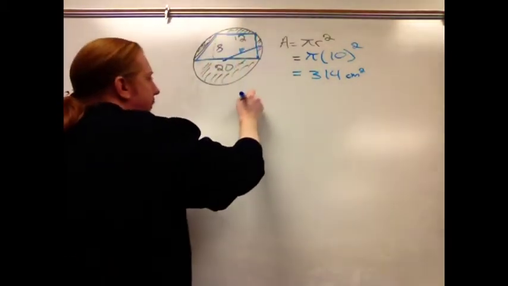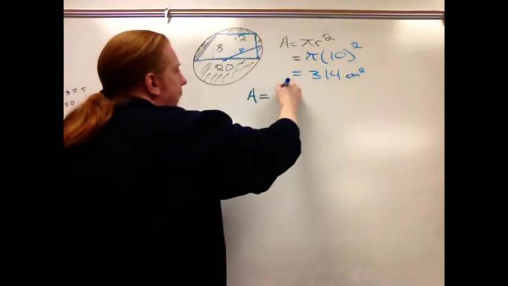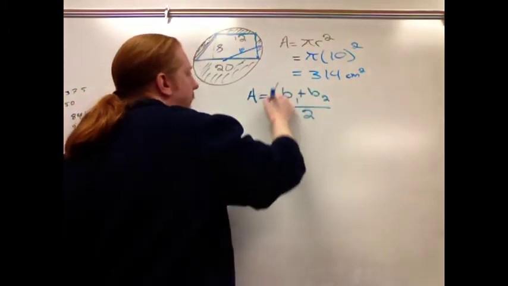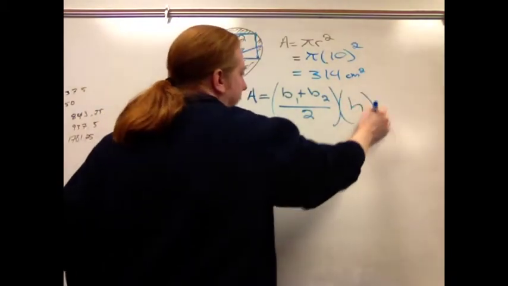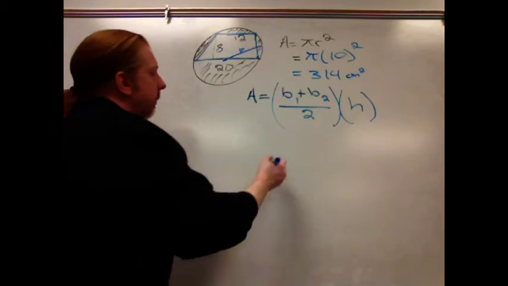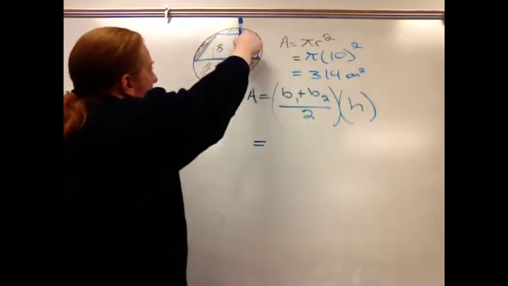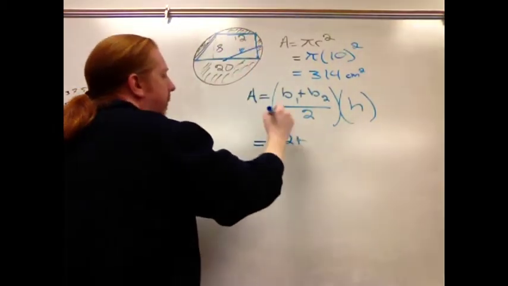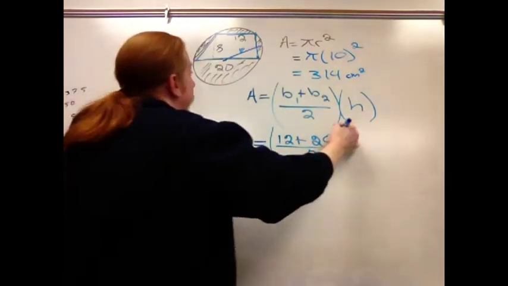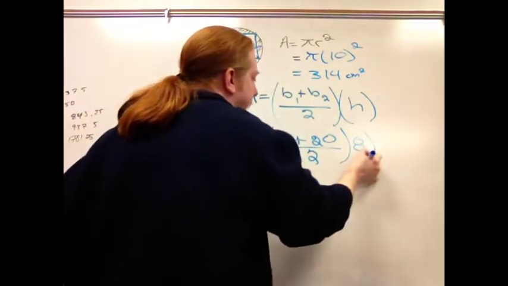Now the area of a trapezoid, from what we've studied, is the average of the two bases, divided by 2, times the height. Let's plug everybody in and see what happens. I have base 1, which is 12, base 2, which is 20, all of that divided by 2, times a height of 8.